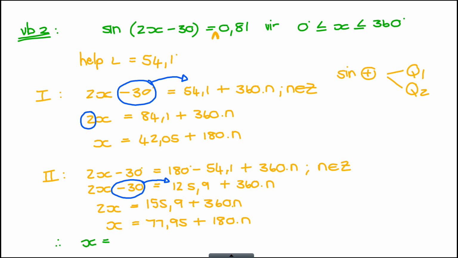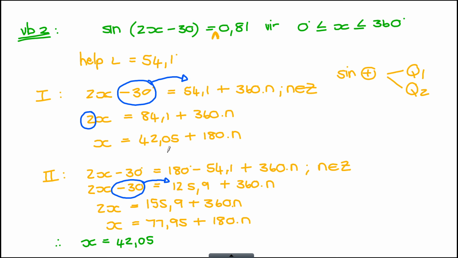Goed, as jy gaan kyk na daai eerste kwadrant, hierdie enetjie, as ek vir n 0 maak, what would my angle be? 42,05. Is that within the interval given? Yes, okay. Kom ons gaan maak nou vir n 1.